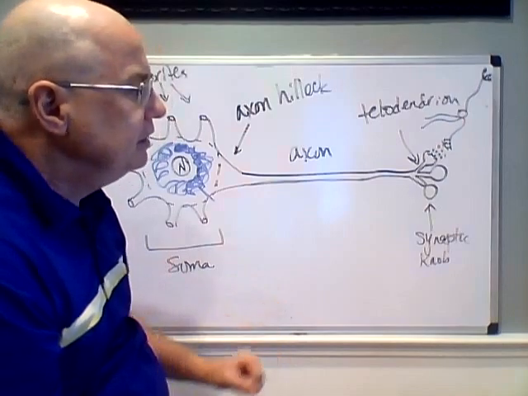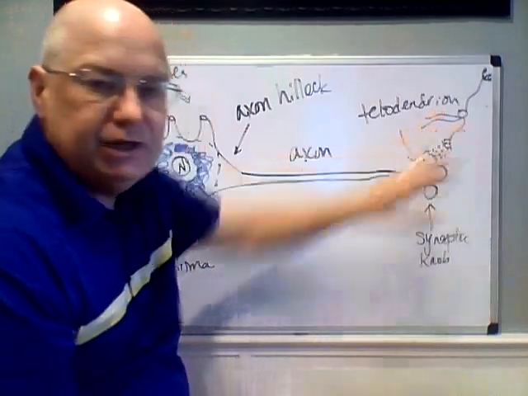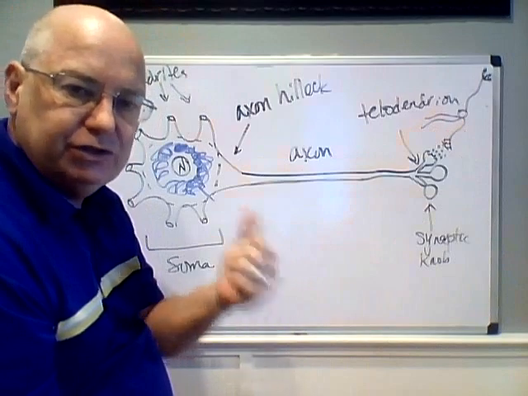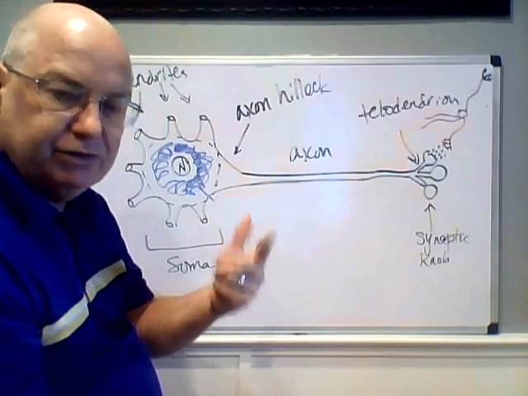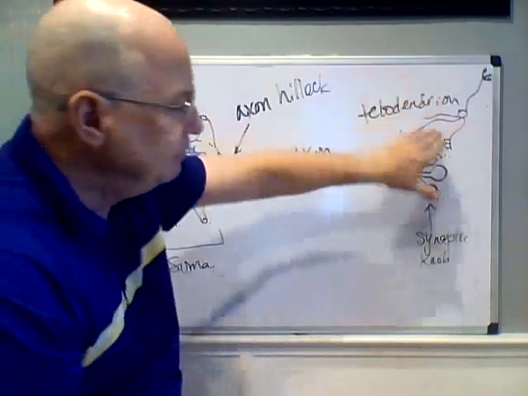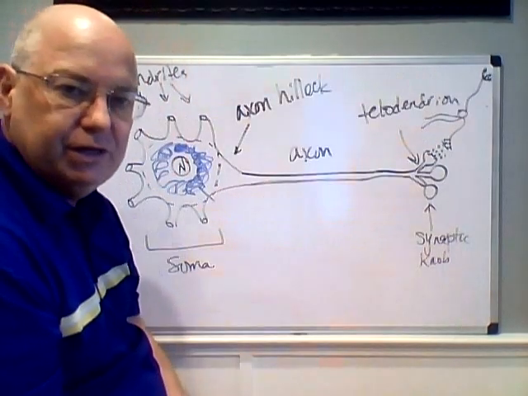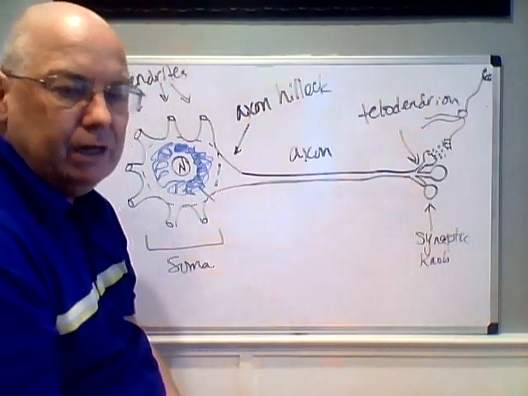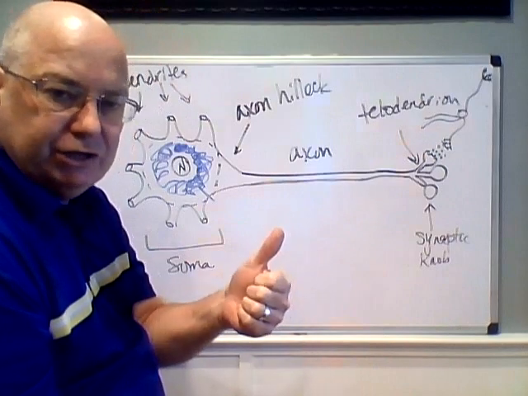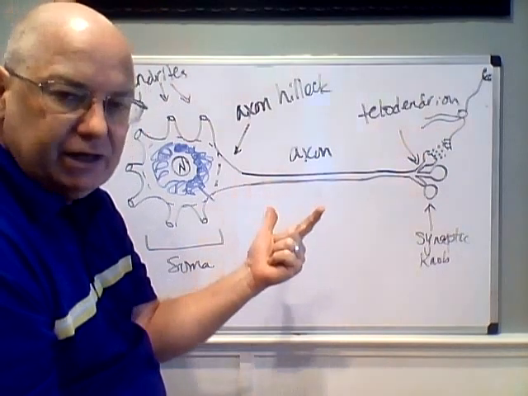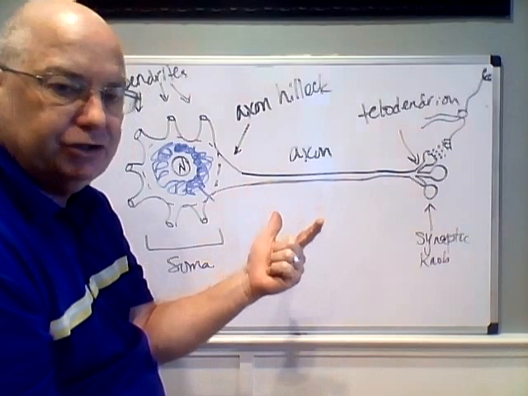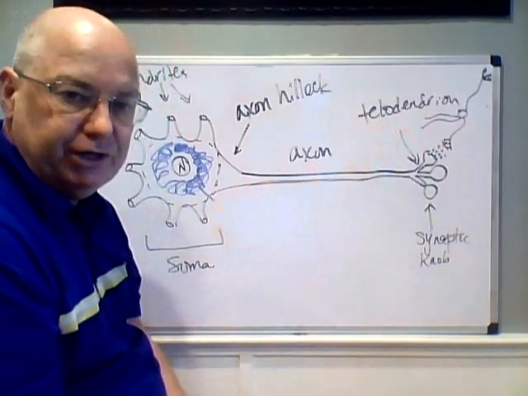But nonetheless, once you understand one synapse, like the neuromuscular junction with acetylcholine receptors and acetylcholinesterase, the enzyme that breaks down the neurotransmitter, you understand all synapses. They all work the same way. The name of the neurotransmitter changes, the name of the enzyme that breaks down the neurotransmitter changes, and the name of the receptor changes.